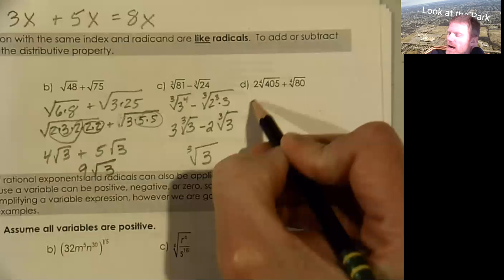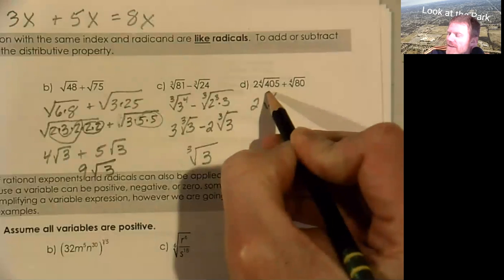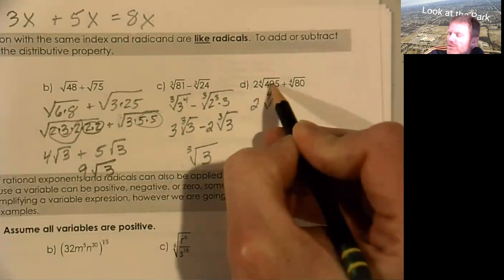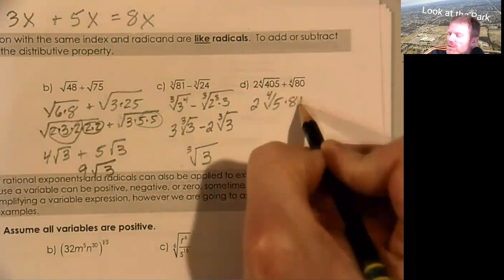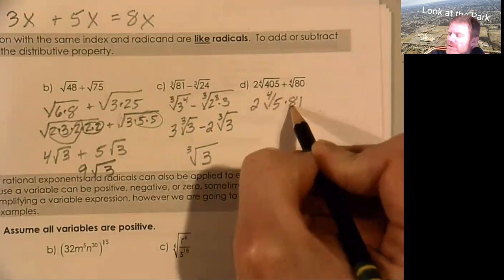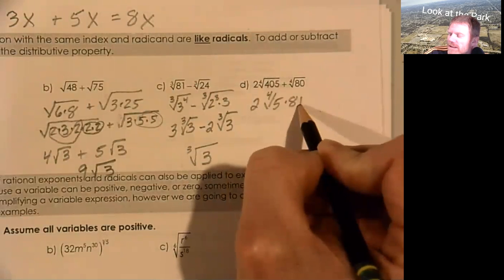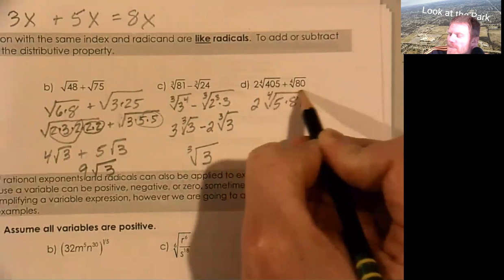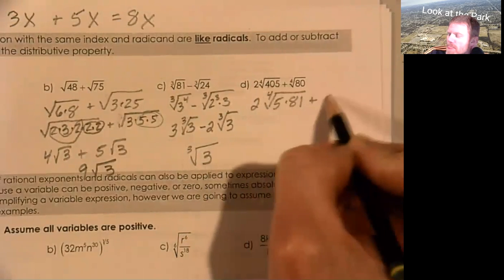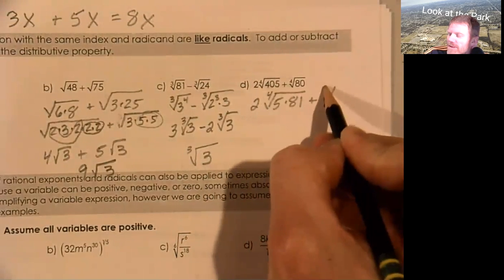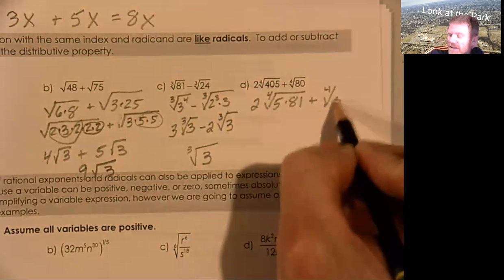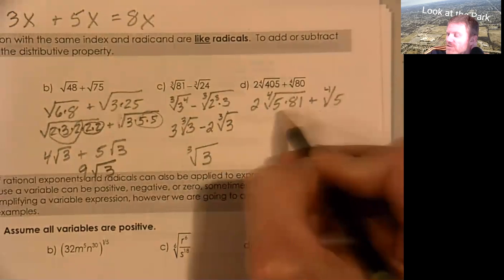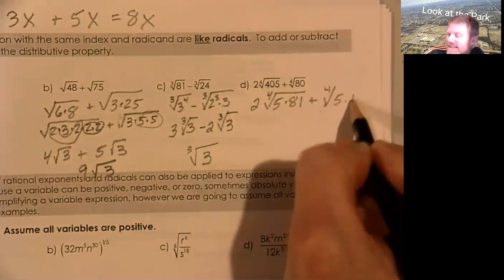I'm recognizing that 5 goes into 405 81 times. So 81 times 5. And then 80, I'm going to use the 5 again, because if I have a factor out here that's 5, that's 5 times 16.